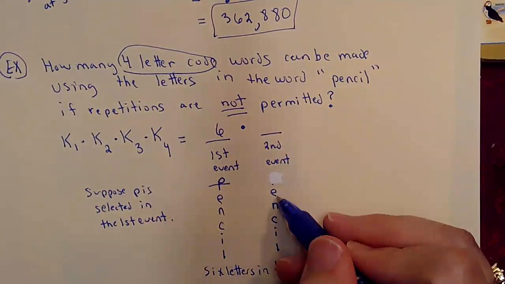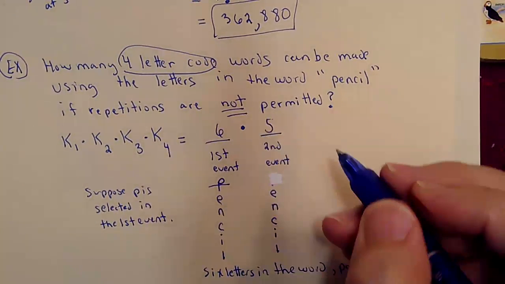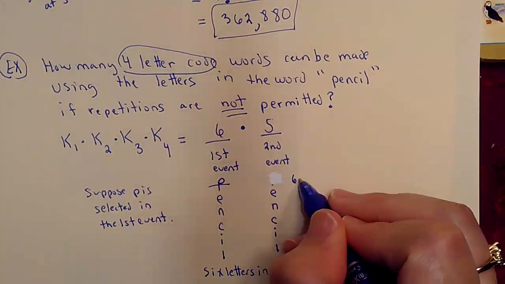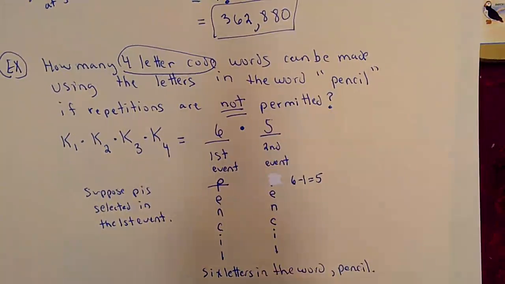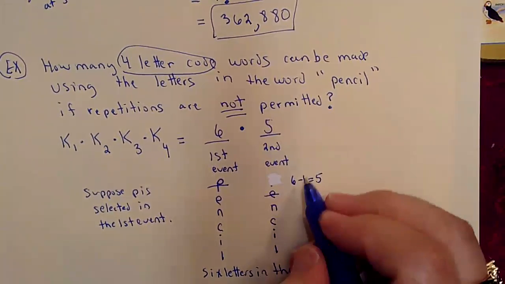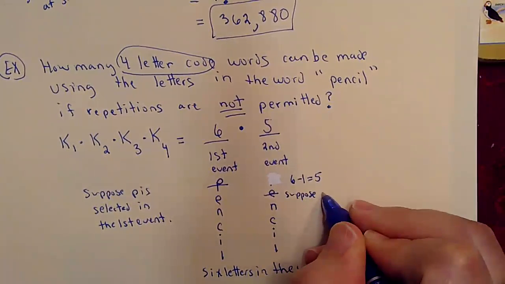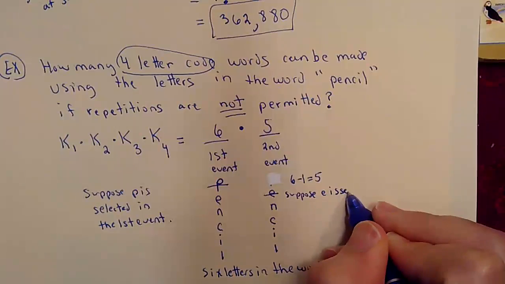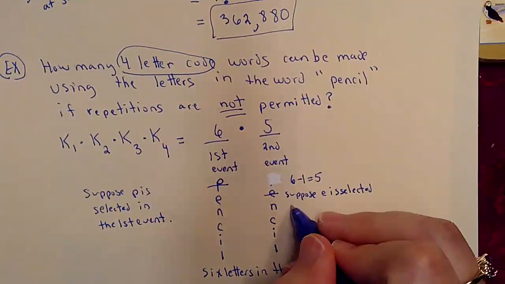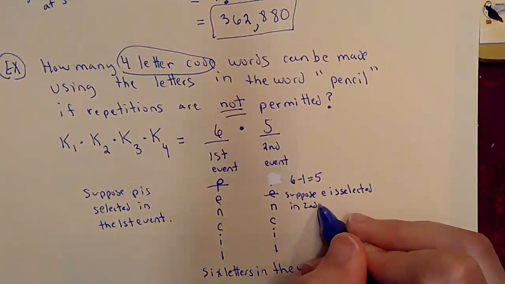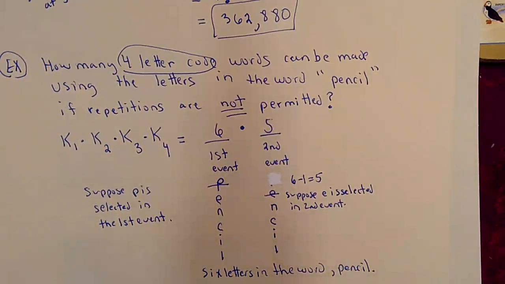So I have 1, 2, 3, 4, 5. I have 5. Okay, so I have 6 minus 1, which is 5. These can work. And then let's just suppose E got selected in the second event, and it can't be repeated, so you can't use it anymore.